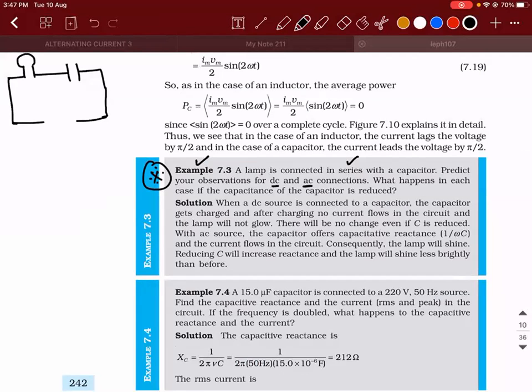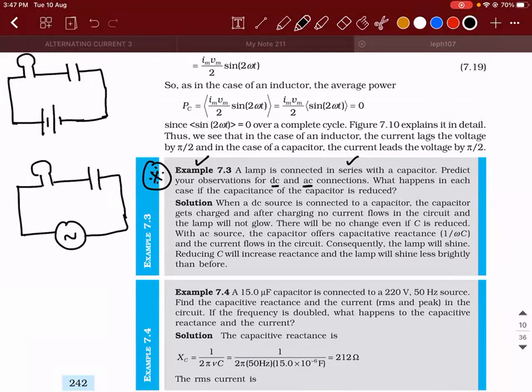Predict your observations for DC and AC connections. Means if this kind of a circuit is connected across a DC source, and if this kind of a circuit is connected across an AC source, what happens in each case if the capacitance of the capacitor is reduced? Predict your observations for DC and AC connections.